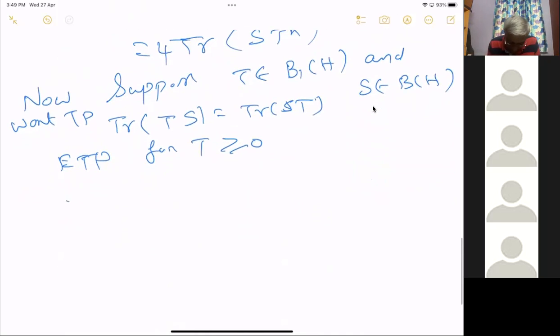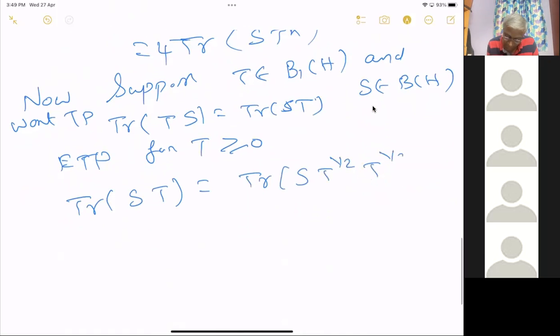So then trace of ST is equal to trace of S T power half, T power half. Now if T is in B1H, then by definition, T power half is in B2H.